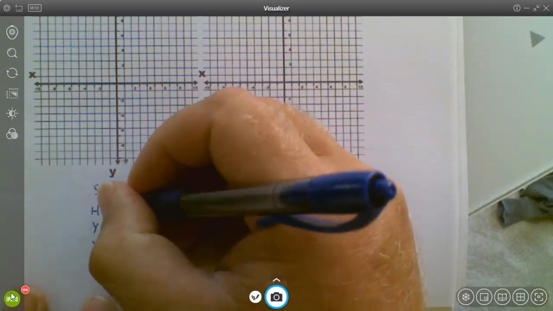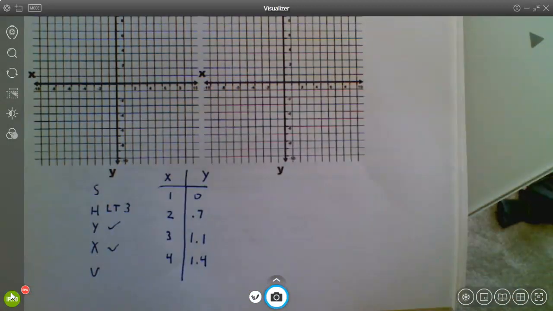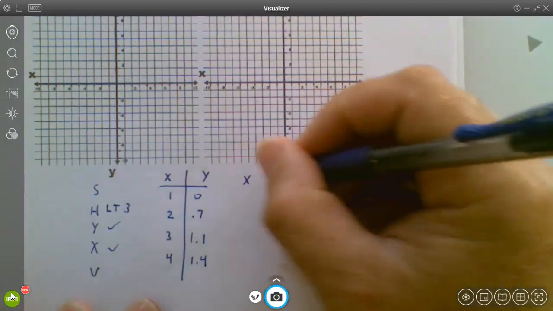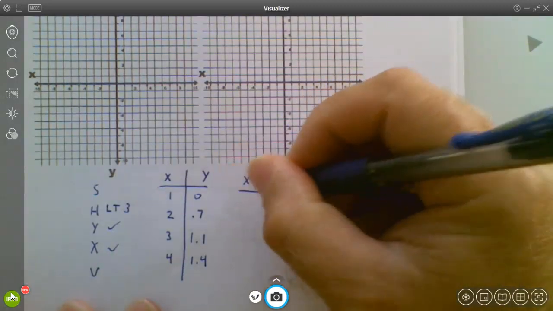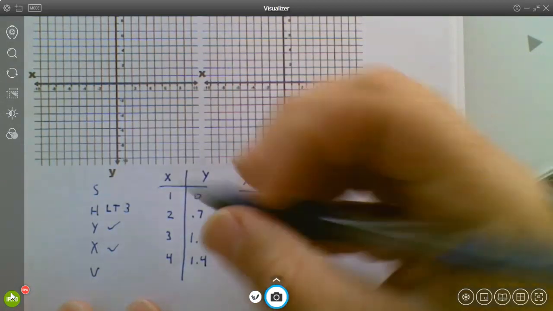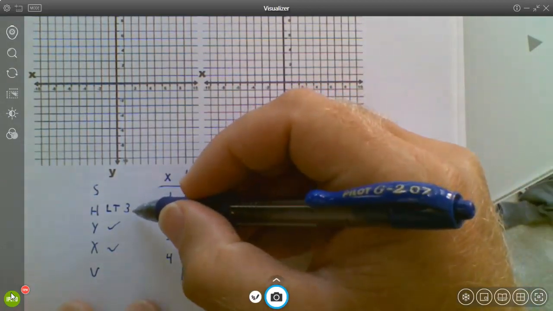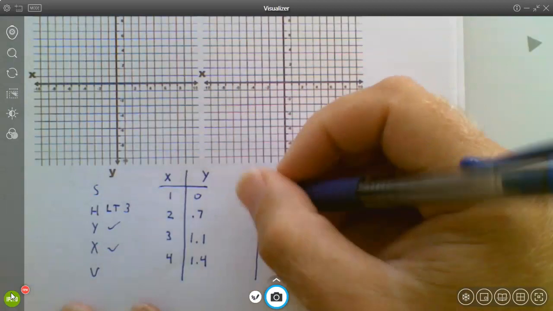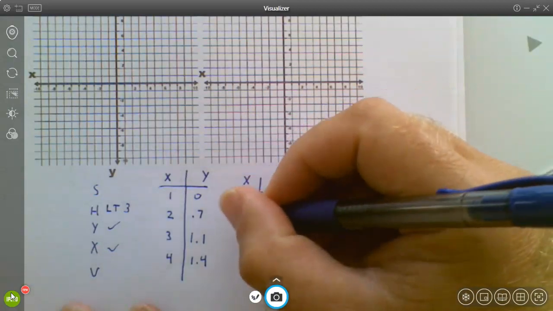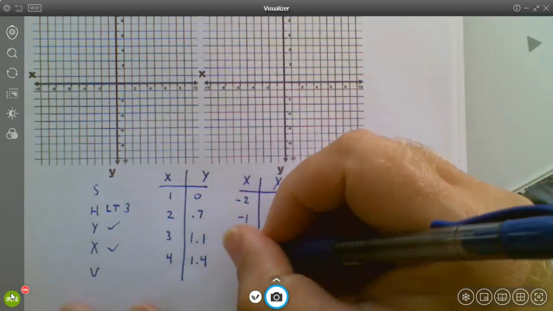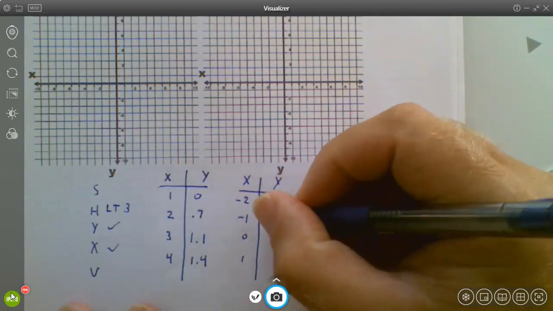I also said I'm going to go left 3. I'm going to do that first, because that's what would come first in my order of operations. So here's my new table. The first thing I'm going to do is go left 3, so I'm going to subtract 3 from my x's. My y values have not yet changed.